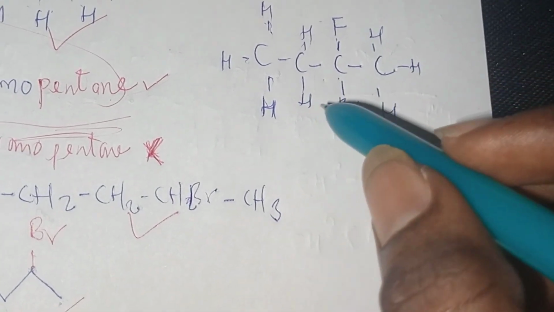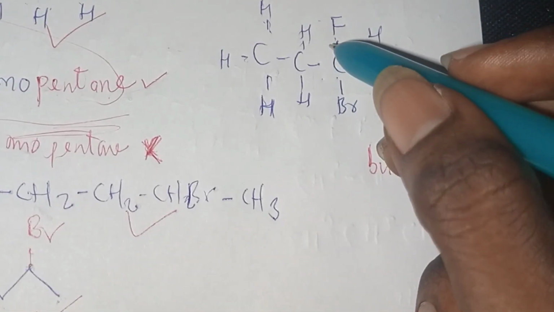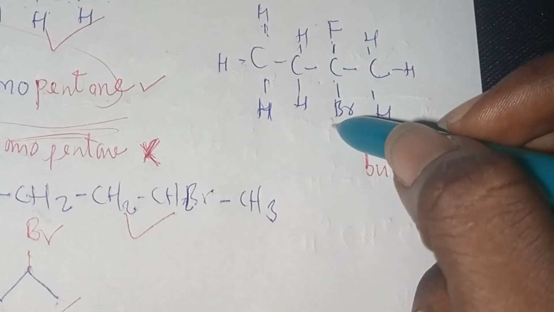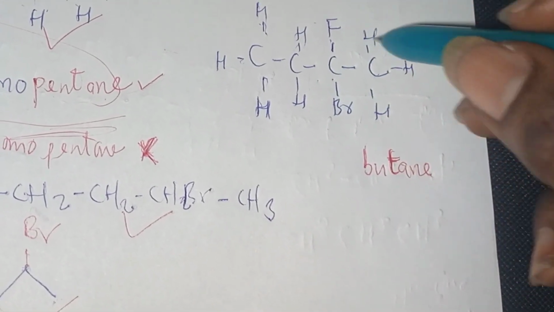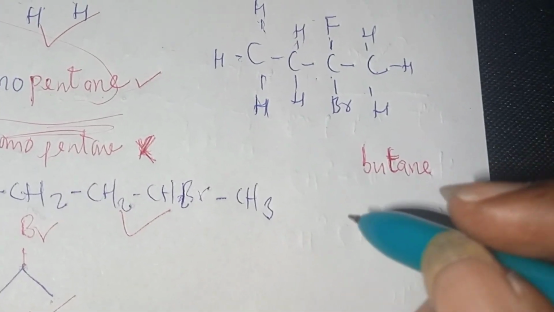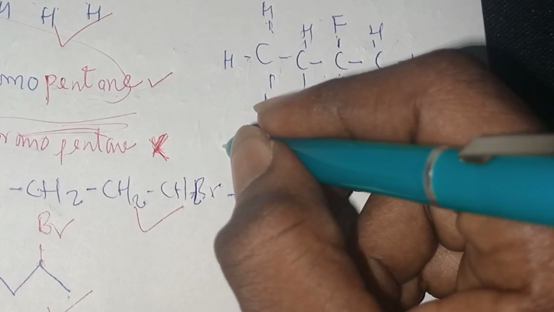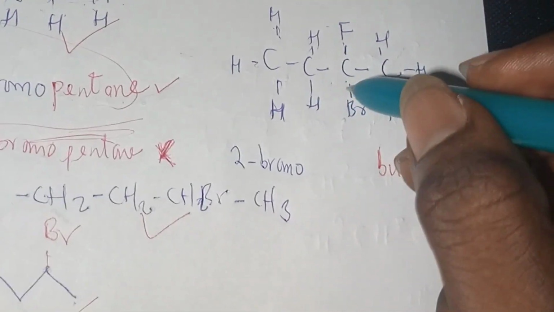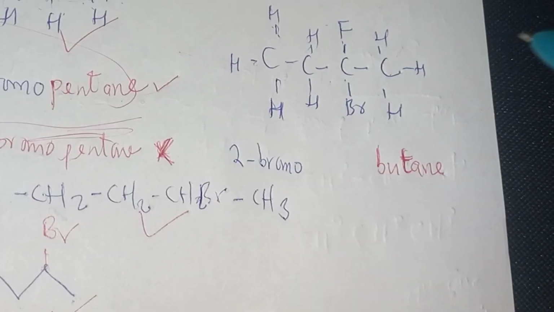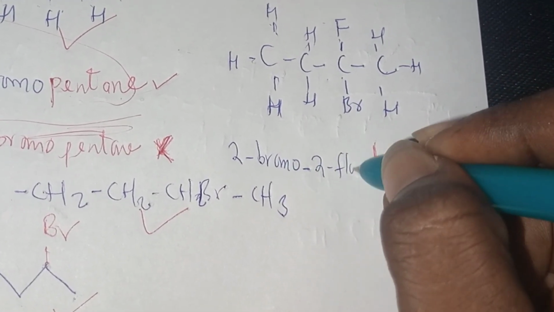Okay, so even though we have the presence of fluorine and bromine, we are not going to write the fluorine first before the bromine, but we are going to write the bromine first before the fluorine due to the alphabetical rule. So the bromine is found on the second carbon, so that's 2-bromo, and the fluorine too is also found on that very carbon, so that's 2-fluoro.